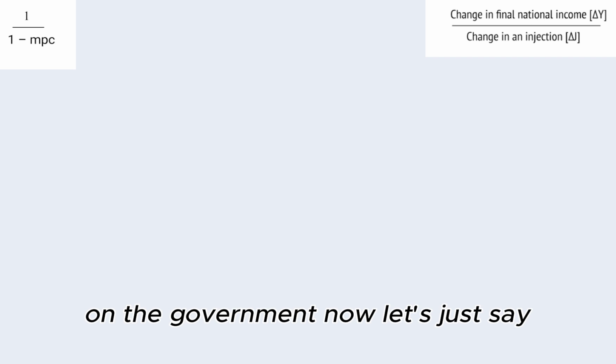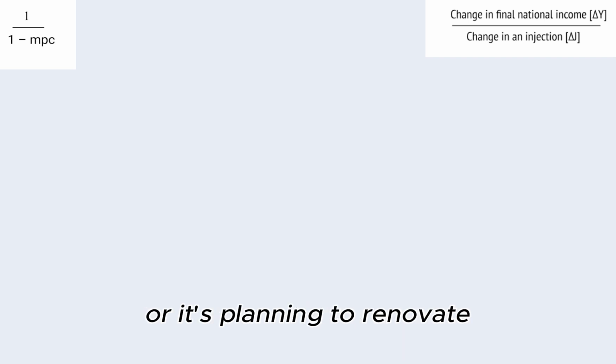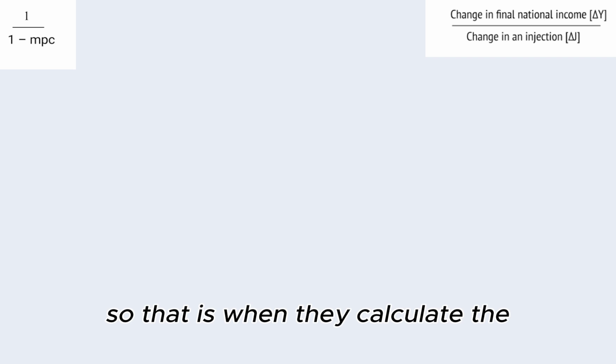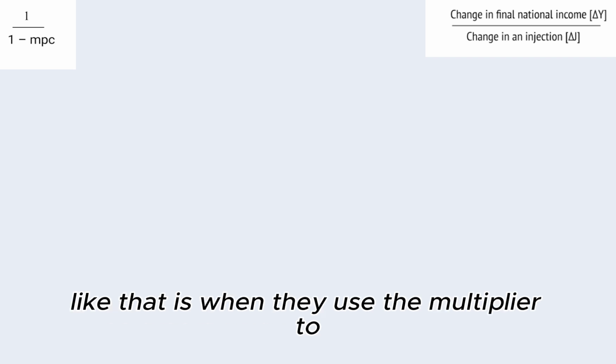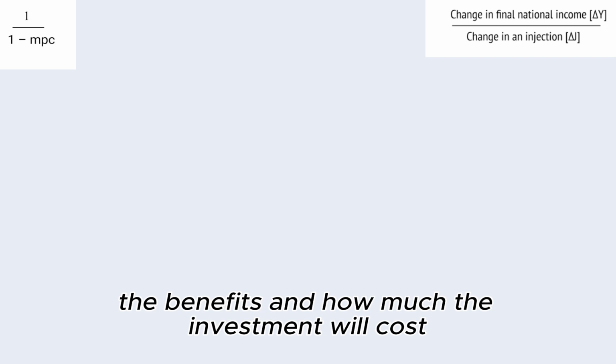Now let's just say the government is planning to build a stadium, or is planning to renovate the FNB stadium. That is when they use the multiplier to calculate the benefits and how much the investment will cost.